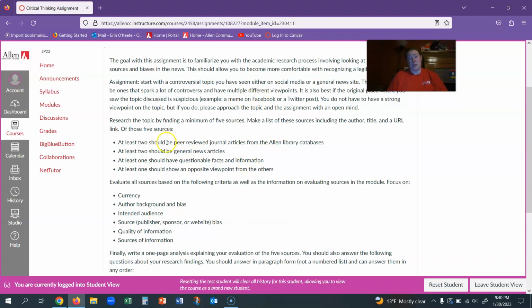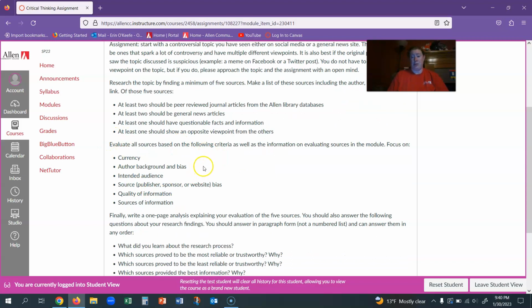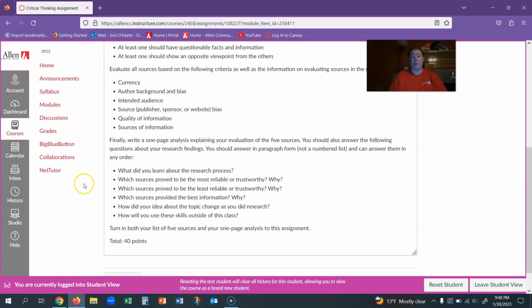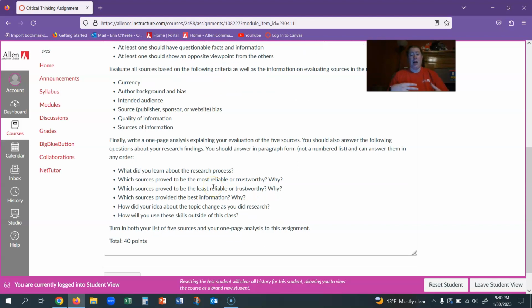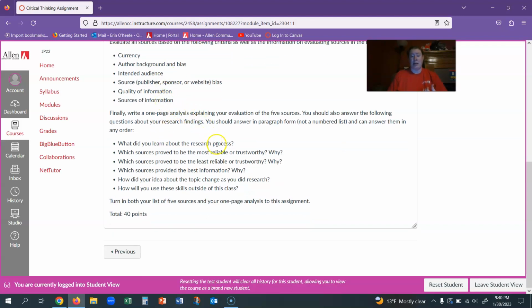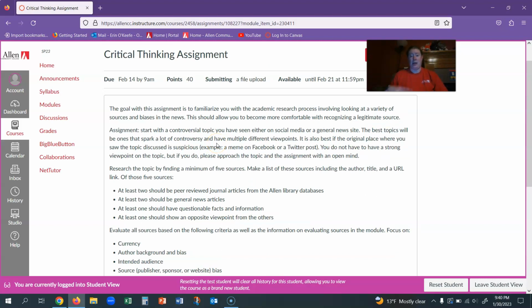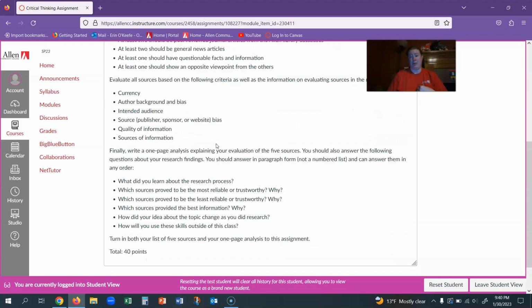And then you're going to find sources about it and evaluate the sources, and then just write up. You're just answering the questions for this. So you're not writing an essay about it. You're just going to answer the questions. And this is just a way to further explore how information is given to us, the value of information, and that kind of thing. So I will talk about this a little bit more in class as well, and kind of go over some things that you might think about.